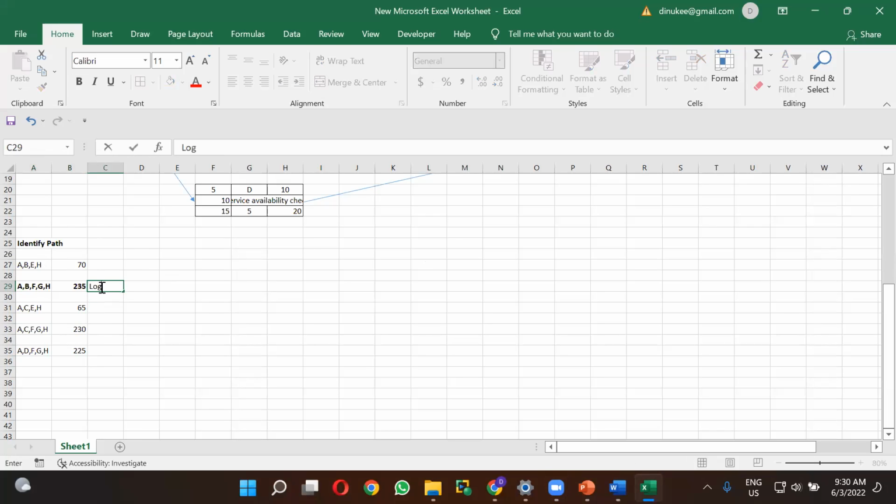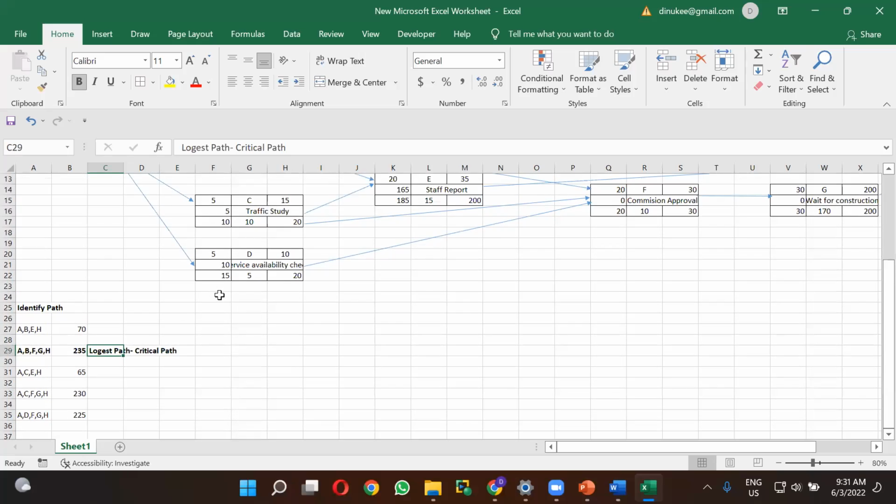Longest path is the critical path. So you have now identified the critical path for this example as A, B, F, G, H.